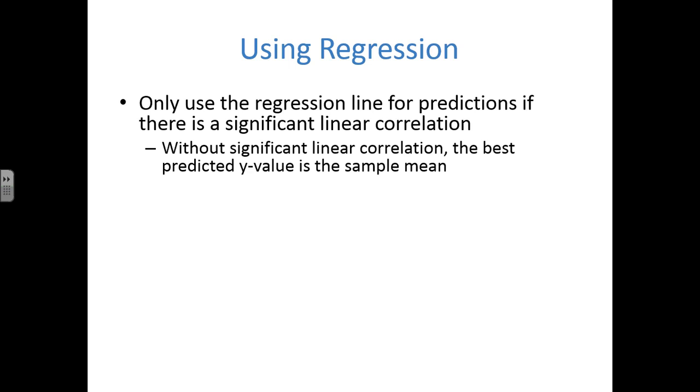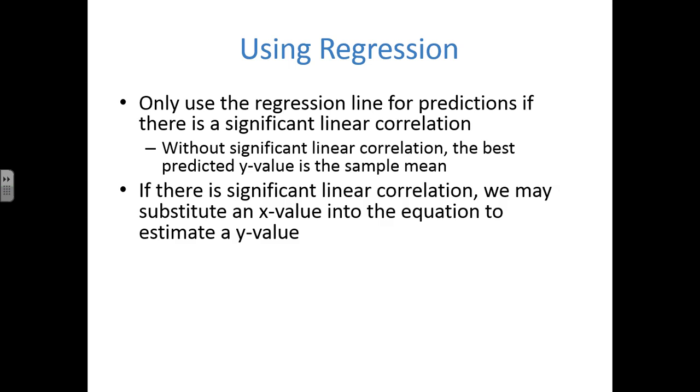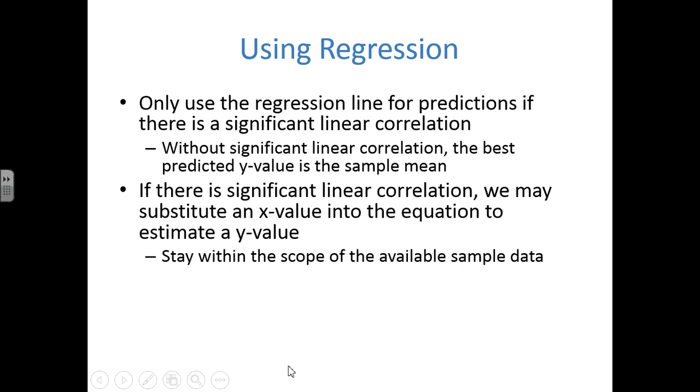All right, so if it turns out that we do not have a significant linear correlation, then the very best predicted y value, or dependent variable or response variable, is the sample mean. If there is a significant linear relationship, then we could substitute an x value into this equation to estimate a y value. This is known as the predicted value when we input a particular predictor variable x. Now notice, we need to stay within the scope of the available sample data from which that regression line was modeled.